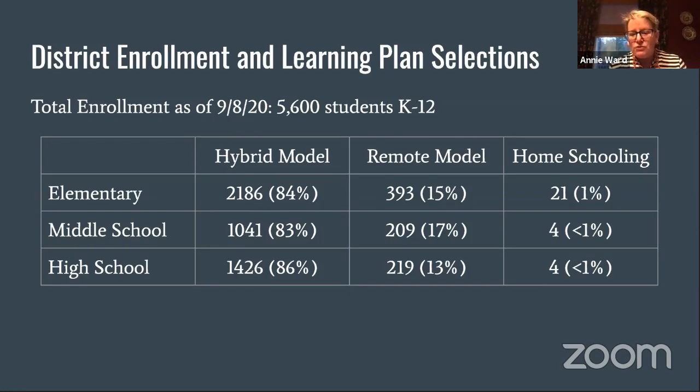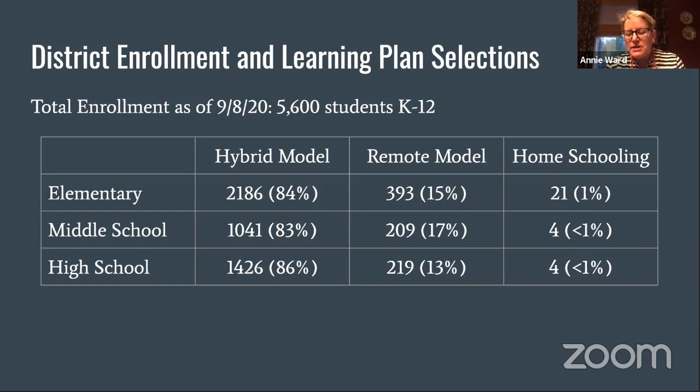And then finally, a growing population of homeschoolers, families and students who exercise under Part 100 of the Commissioner's regulations, their opportunity to learn fully at home, guided not by Mamaroneck educators, but in fact by their parents or guardians.